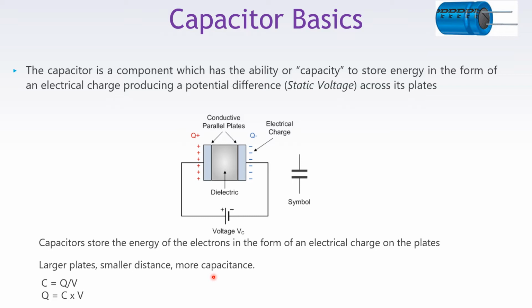And we know that capacitance, shown by C, is charge per unit voltage. So C is equal to charge, that is Q, divided by voltage. By rearranging the formula we get Q is equal to C into V.